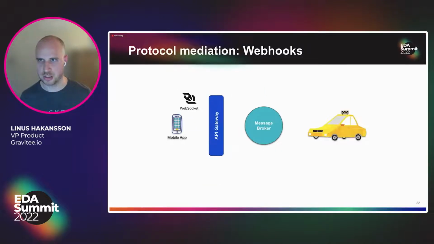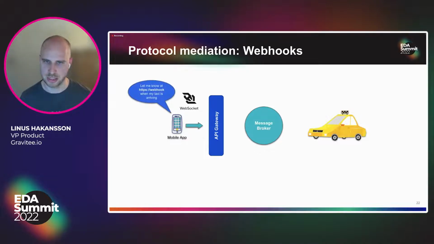Now, another quick example is webhooks. So webhooks work slightly differently. You would, again, still have a broker on the back end to consume and subscribe to messages. But in this case, you might have a client, maybe it's, again, our taxi mobile app, that says, I want to get a message on this particular webhook URL whenever there's an update on a particular topic or subscription.